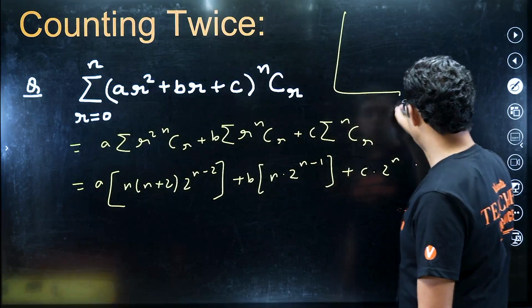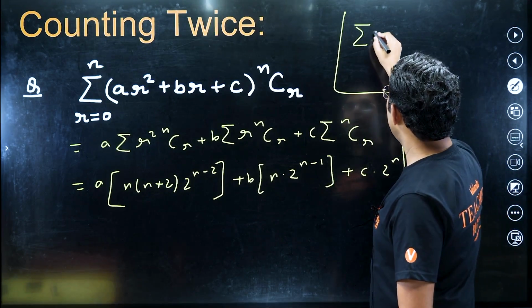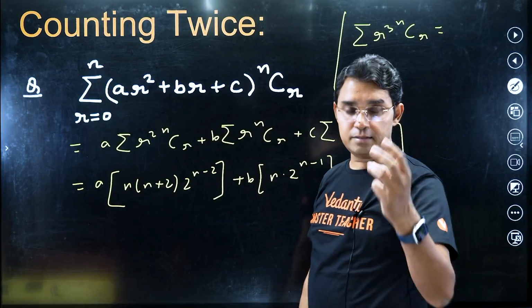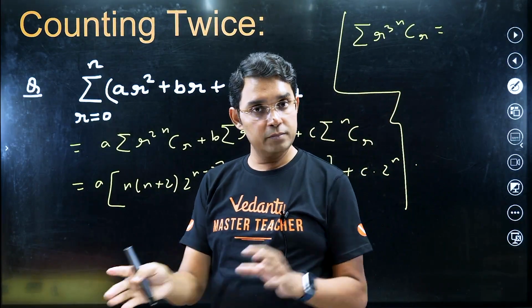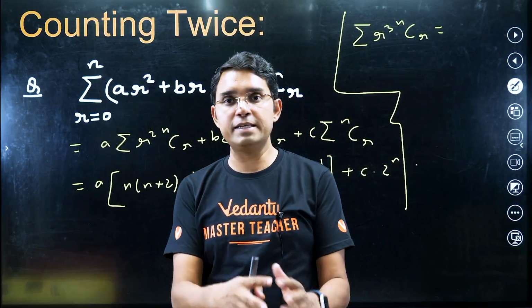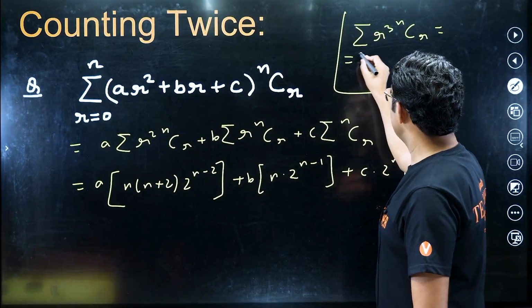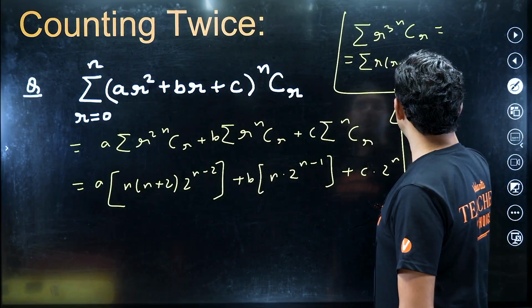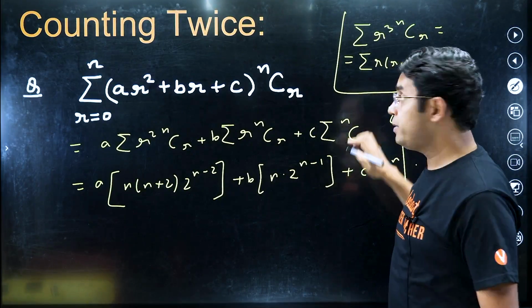In fact, if you are looking for what will happen if I get r cube nCr. Here either you can make 3 cases: leader, sub-leader, sub-sub-leader, all 3 different, 2 same and third different, or all 3 same. Those cases you can make. Or if you're not very comfortable, then I will suggest you write it as r into r minus 1 into r minus 2. I'm writing this for r cube.